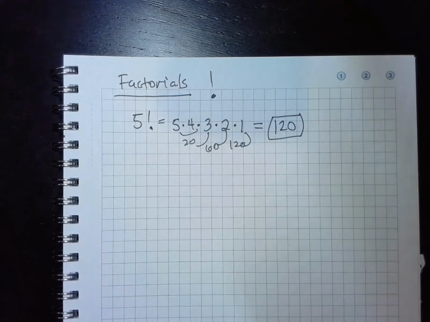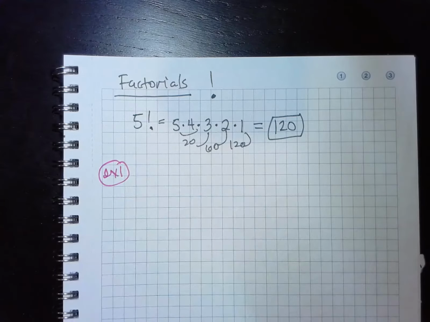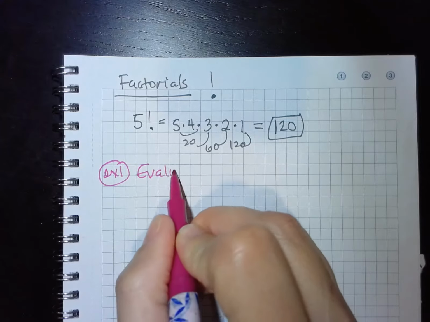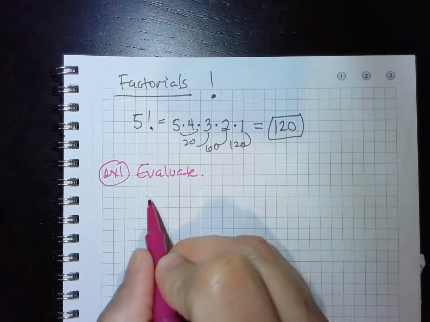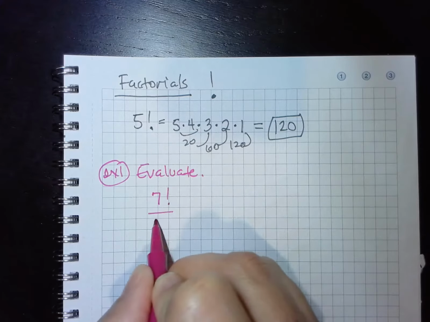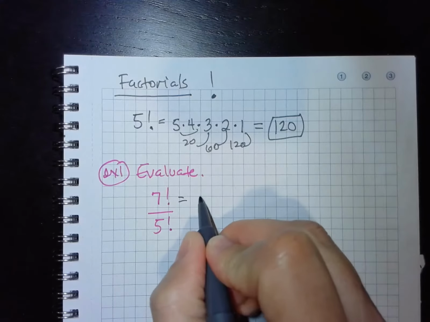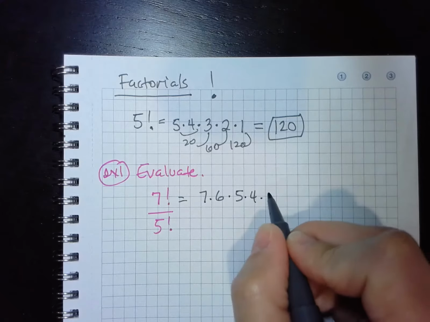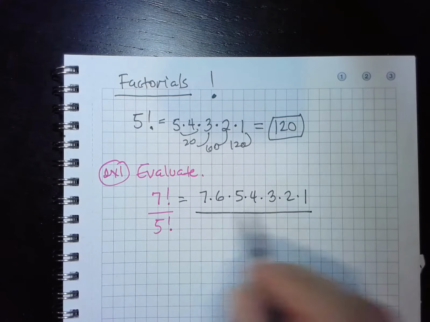Now in the example problems, you end up having to simplify these, or they say evaluate. So they want you to find the value of. So if I had 7 factorial over 5 factorial, I could write it out, and that would be 7 times 6 times 5 times 4 times 3 times 2 times 1 in the numerator.